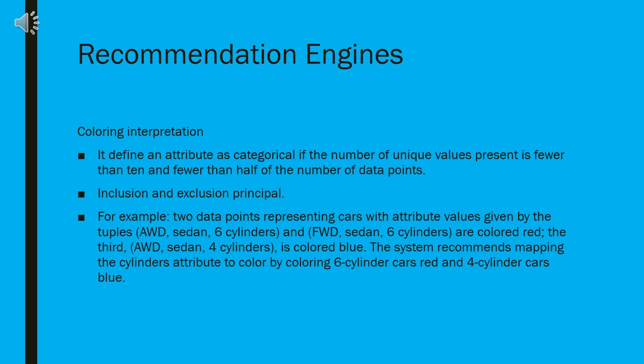The third car is colored blue, which is AWD sedan, 4 cylinders. Then the system recommends mapping the cylinders attribute to color by coloring 6-cylinder cars red and 4-cylinder cars blue. So the recommendation engine would assign number of cylinders to colors.